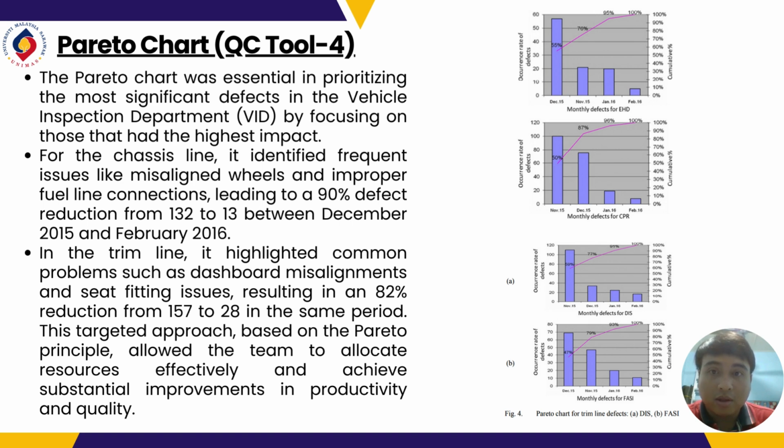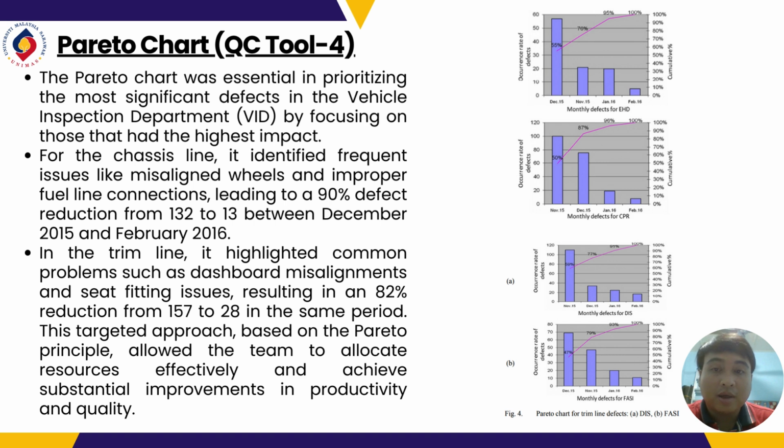As you can see from the Pareto chart on the right side, there are different defects involved. The upper one is the chassis line defects, and the lower one is the Pareto chart for the trim line defects.